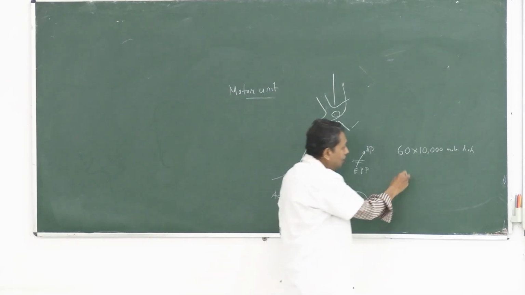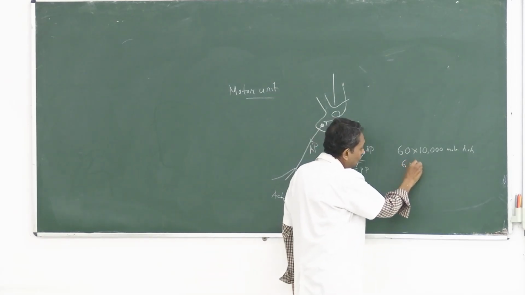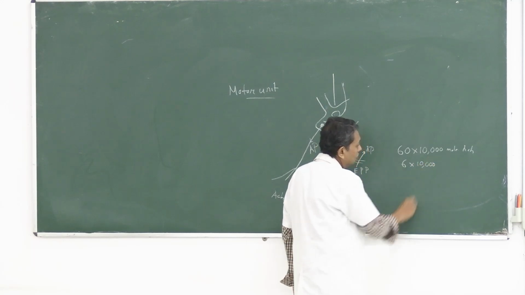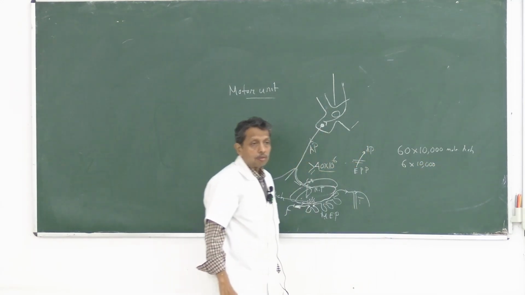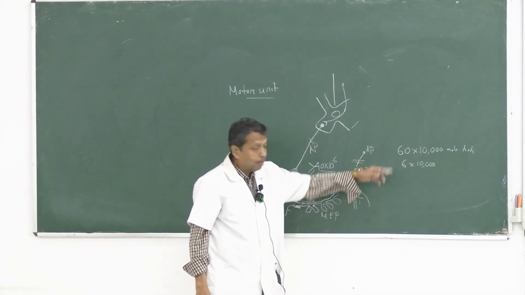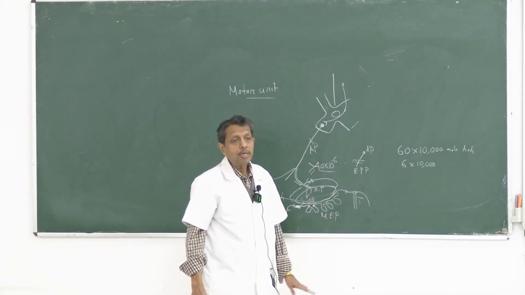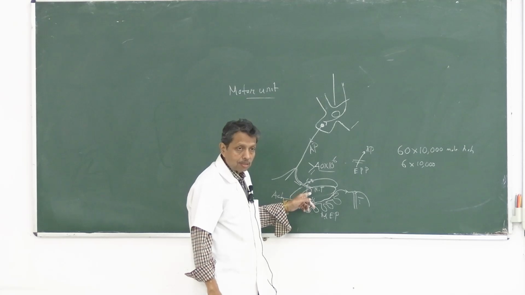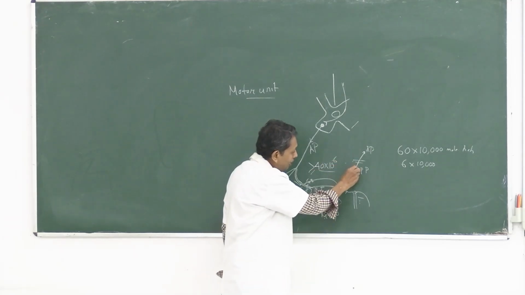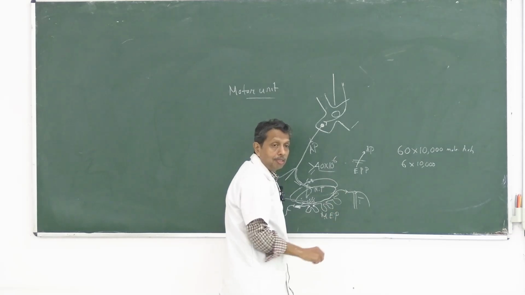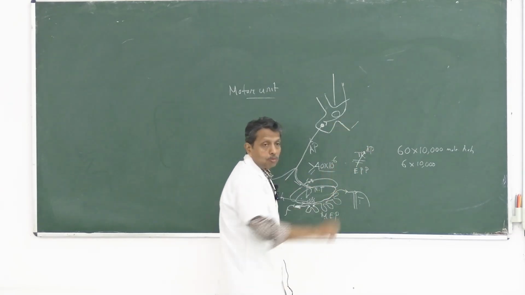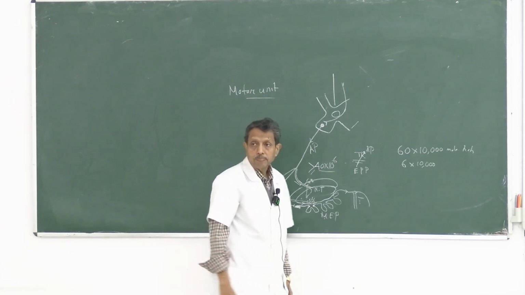But the requirement is only 6 into 10,000. So much extra is liberated. So normally, whenever this action potential comes, the end plate potential will reach the threshold level, and the action potential is reproduced every time.